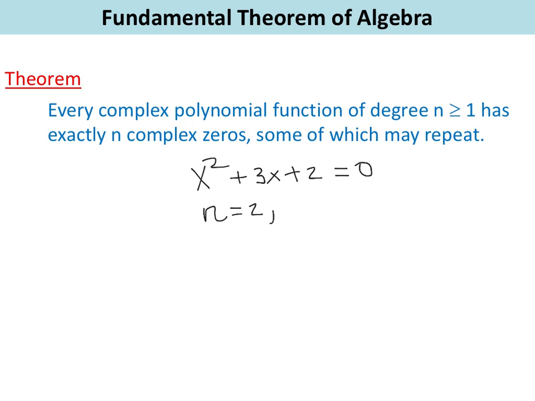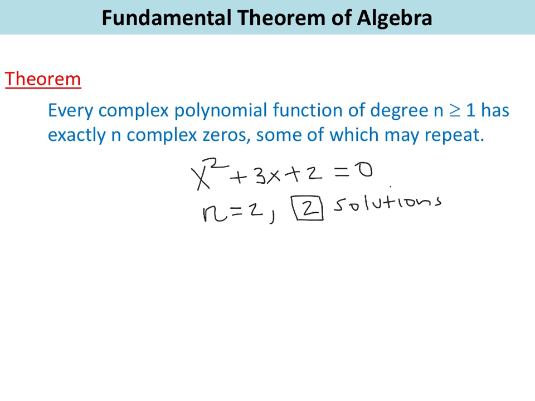This just means it's going to have two solutions. Remember, the solutions might be real or imaginary. I do not know. All I know is that because the degree is 2, it has two solutions.